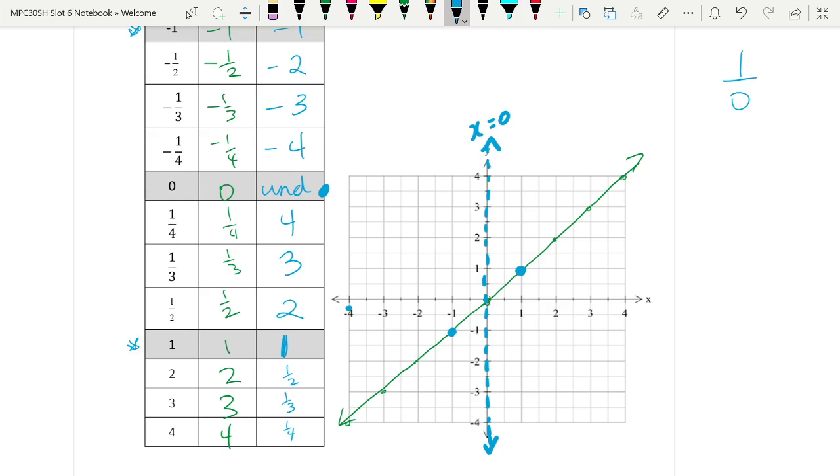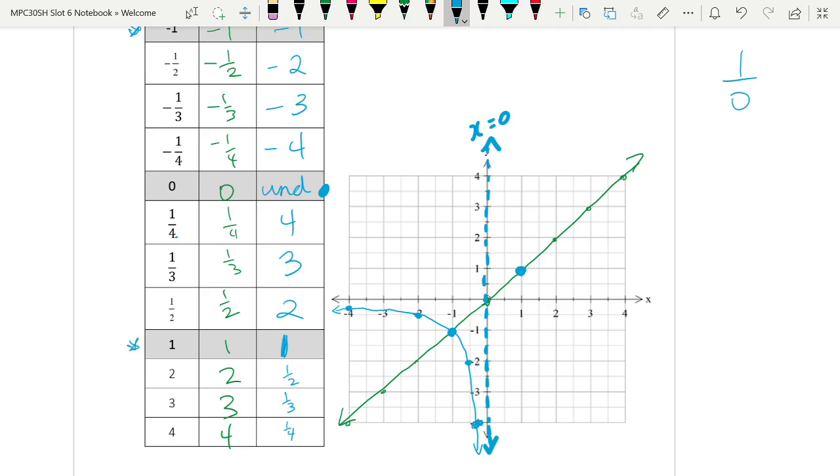When x was -2, y was -1/2. When x was -1/2, y was -2. When x was -1/4, y was -4. That seems to be making this curve. There it is.